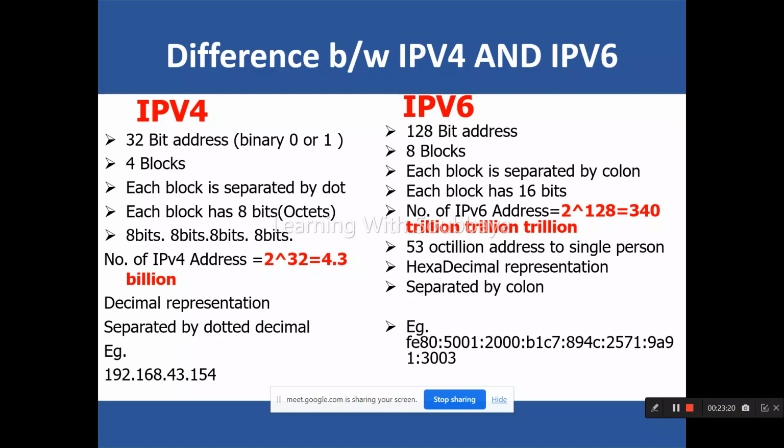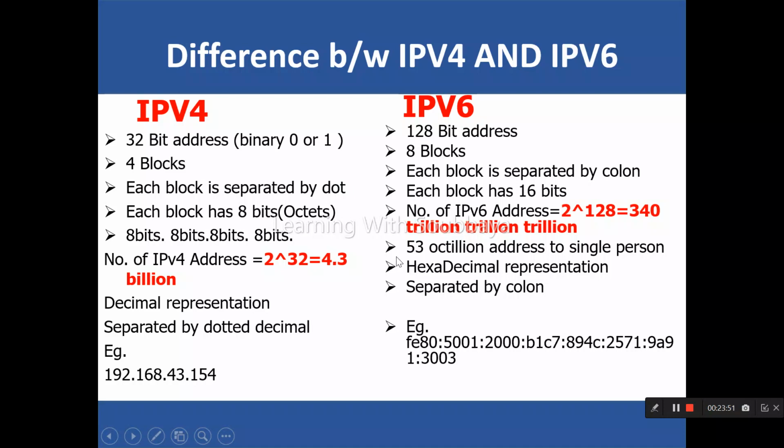In a body, each cell could have an IP address if I go for IPv6. That many IPv6 addresses are available. IPv4 is represented by decimal values, but IPv6 is represented by hexadecimal values. IPv4 is separated by dots, IPv6 is separated by colons.